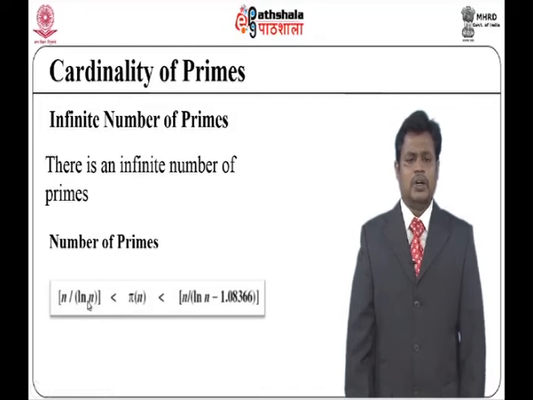Suppose I want to find how many prime numbers are less than 10,000, n equal to 10,000, then I can use this formula. It is given as n divided by log n less than phi of n less than n divided by log n minus 1.083. This is defined by Gauss and this is defined by Lagrange. So if n is given, I can find the upper limit and the lower limit, and then define how many prime numbers there are.